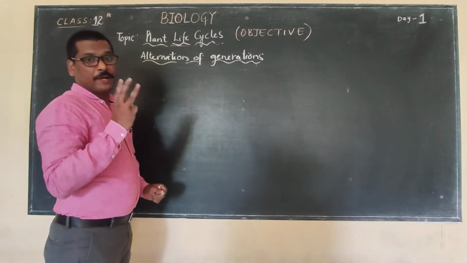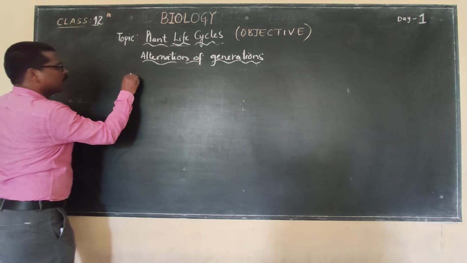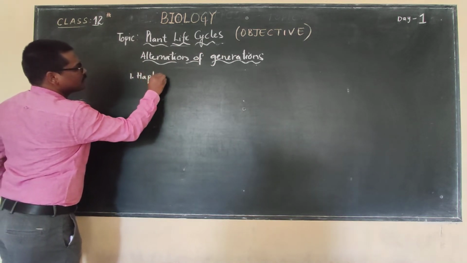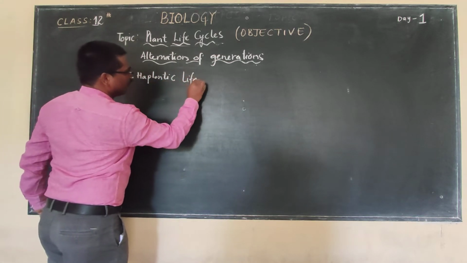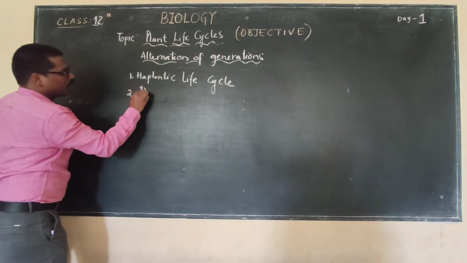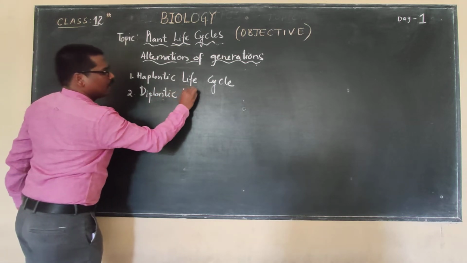So there are three different patterns of life cycles in the plants. The first one we can call the haplontic life cycle. The second one is called the diplontic life cycle.